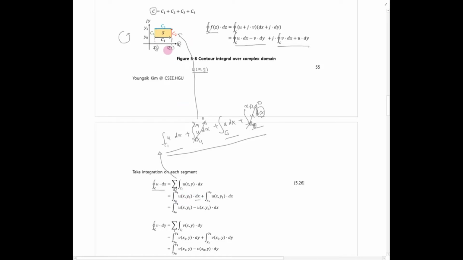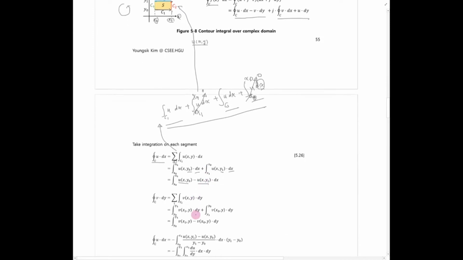And what about segment 3? On segment 3, x changes from x1 to x0, the opposite direction to C1. So dx, with x changing from x1 to x0, and at this moment u(x, y1). So in segment 3, the y value always remains y1. It's a fixed value.